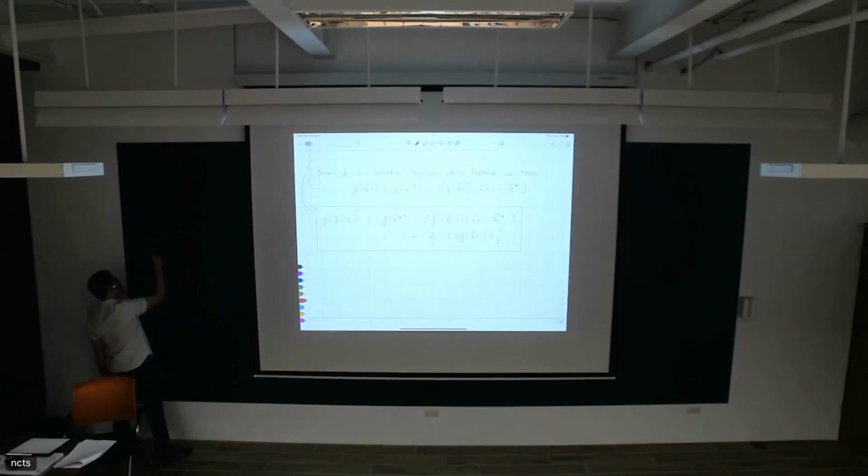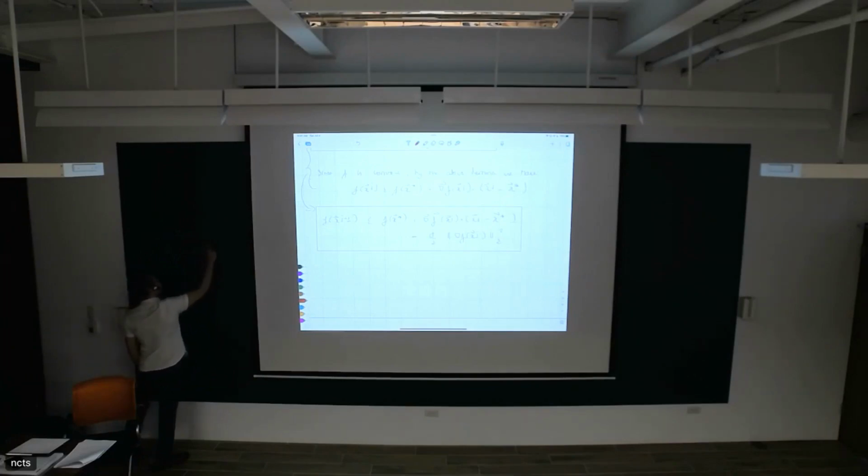But if you have A plus B as two vectors, the square is A plus B transpose times A plus B. We also have a similar thing: the norm of A squared plus 2 A dot B plus the norm of B squared.